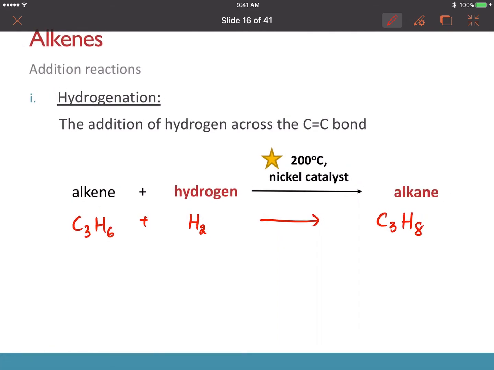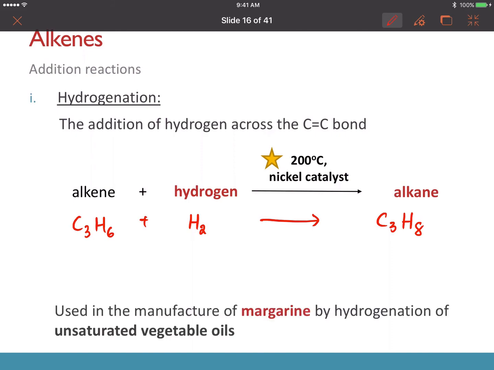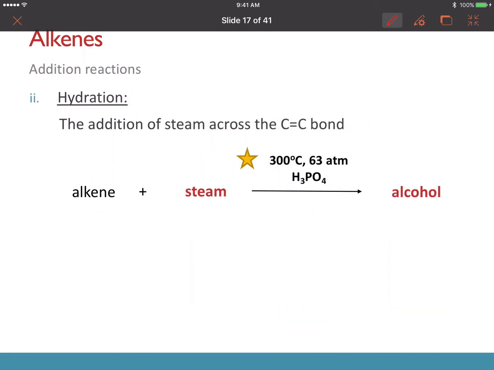So from propene to propane. Now, this is actually used in the manufacture of margarine by the hydrogenation of unsaturated vegetable oils. So actually your vegetable oils are polyunsaturated. And this hydrogenation process is actually not 100% in the sense that it will not reduce all the double bonds. Okay, we'll talk more about this under the application of alkenes.